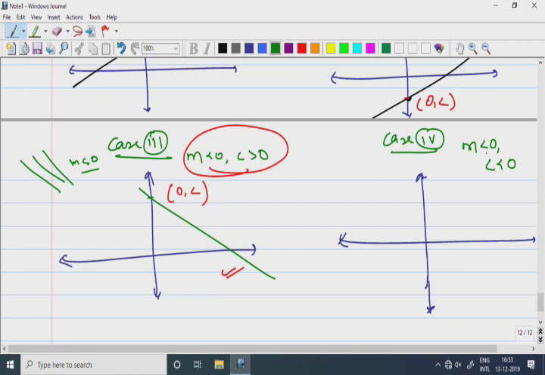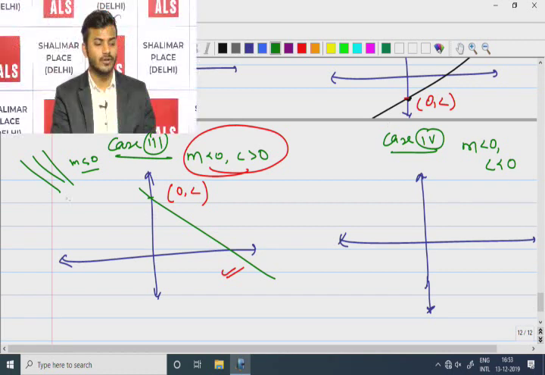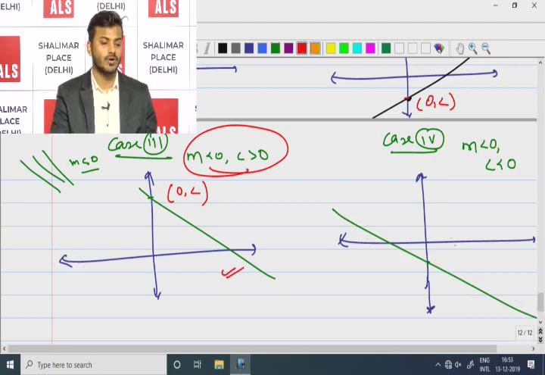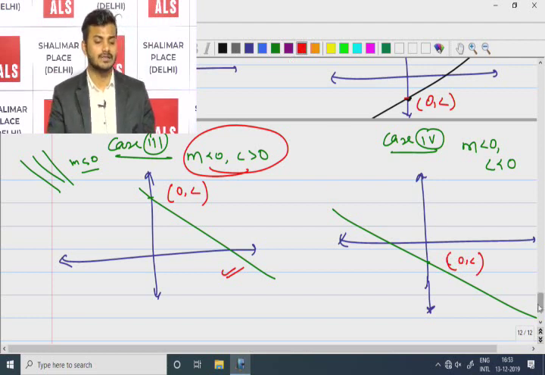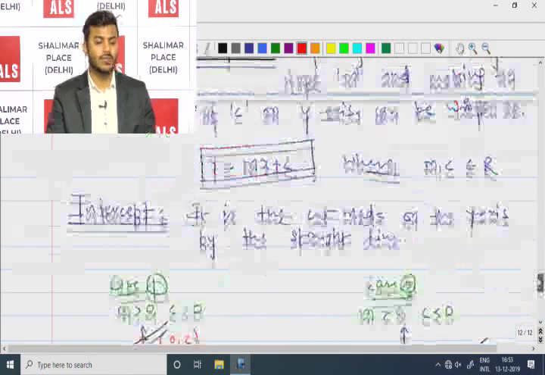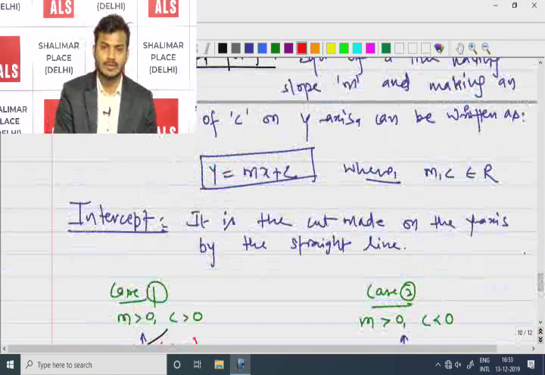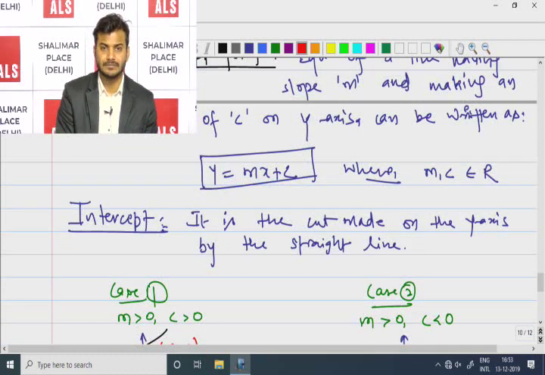Next case. When this is M negative and C negative, it means this kind of line having negative inclination, and we have C negative, means this is the case. Right? What is the coordinate of this point? This point will be 0, C. So these are 4 cases with slope intercept form, y equals mx plus c. All right.